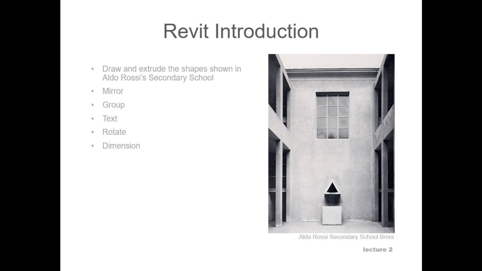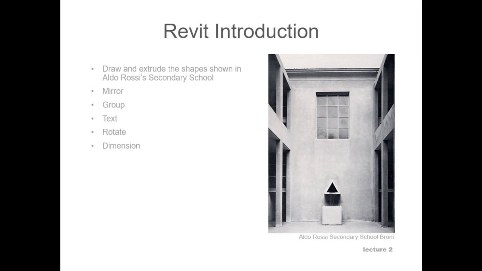Architect Aldo Rossi has a secondary school in Broni, Italy, and we're going to use it as inspiration to create some of the forms that you can see in the image. I'd like you to focus on the flat plane first. So we've got a tall two-story wall, a window on the second story, a triangular extrusion going into a water feature well.